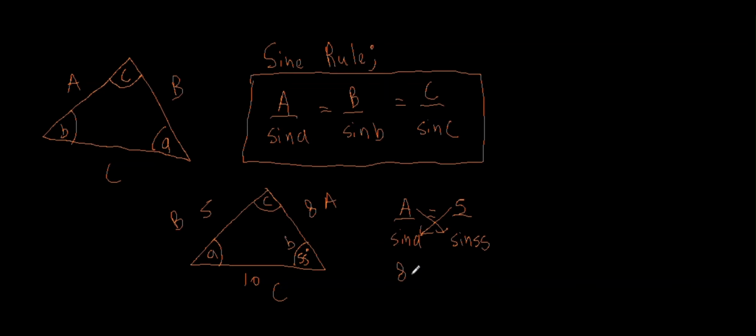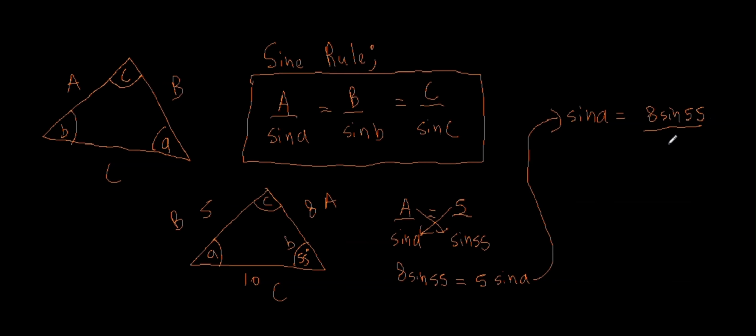So 8 sine 55 equals 5 sine A. Now taking the working up here, we're trying to isolate A or make A the subject. So we say 8 sine 55 all over 5, and the angle A would be given by the sine inverse of 8 sine 55 all over 5.